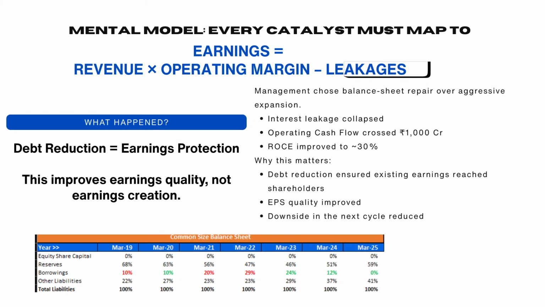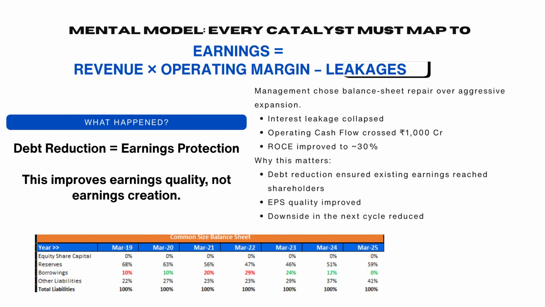But here's the key management decision: as the cycle turned and operating leverage kicked in, and after selling the tractor business, whatever funds they got, instead of doing aggressive expansion even though demand was coming in, they first decided to settle and repair the balance sheet. Right now the balance sheet is pretty much clean. Once the debt reduced, basically three things happened. Interest leakage collapsed, right?